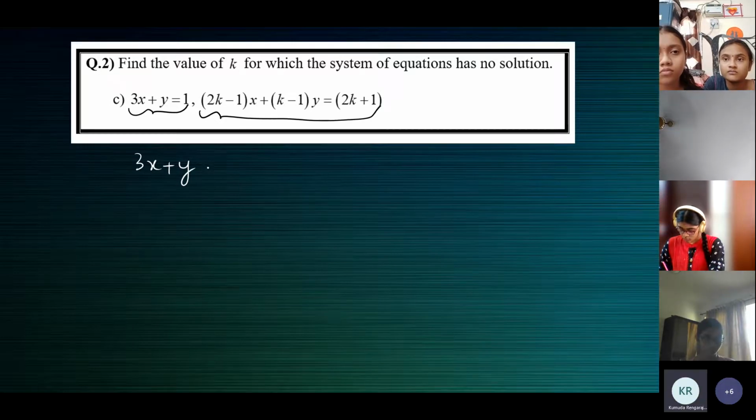How will 1 look when you transpose it, when you take it to the LHS? Ma'am, is that 3x plus y minus 1 is equal to 0? Pranav, did I ask you? Ma'am, sorry, ma'am.